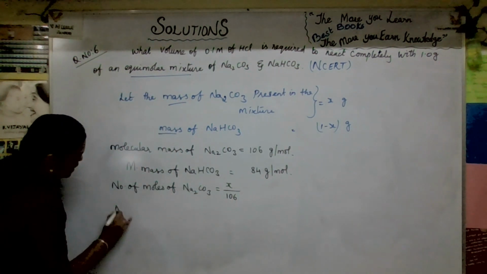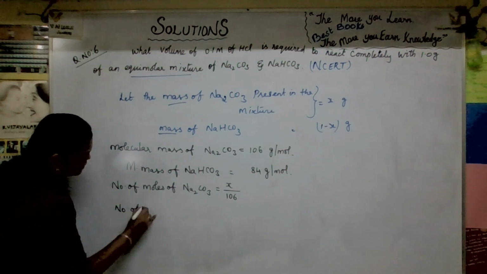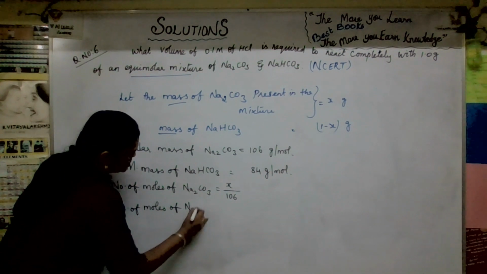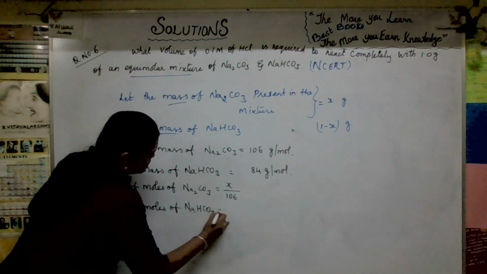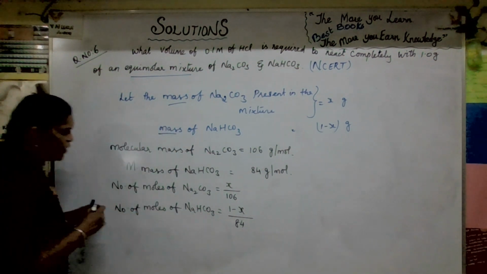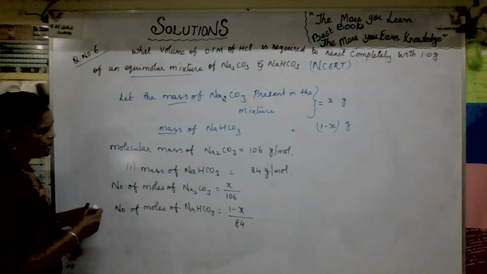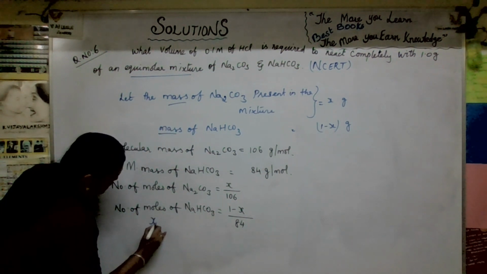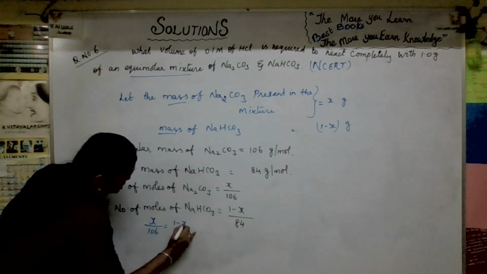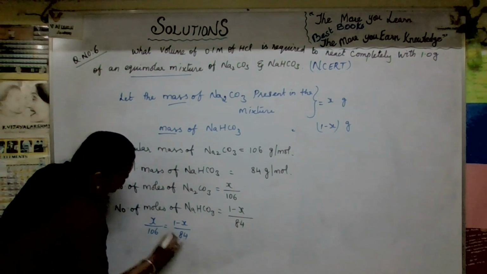The same way number of moles of NaHCO3. This is 1 minus x by 84. Okay, now let us calculate in this way. x by 106 is equal to 1 minus x by 84.